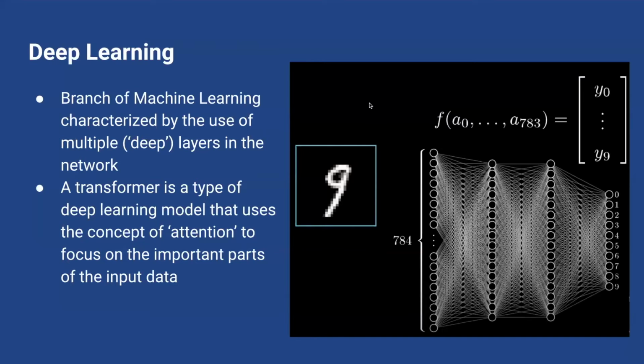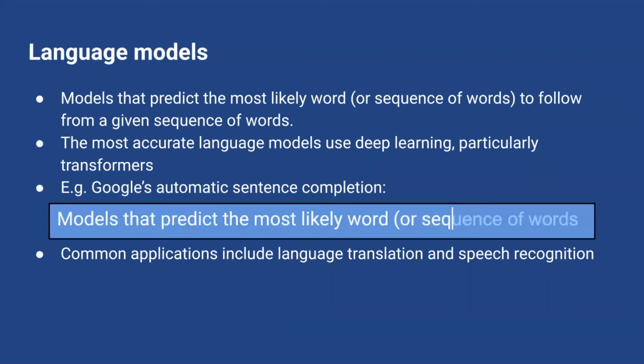You can think about the same if you're doing any sort of analysis of language. In a sentence, there'll be parts of the sentence that you want to focus on, and parts that you can ignore. Words like "the" you might be able to ignore. So that's a high level overview of deep learning.